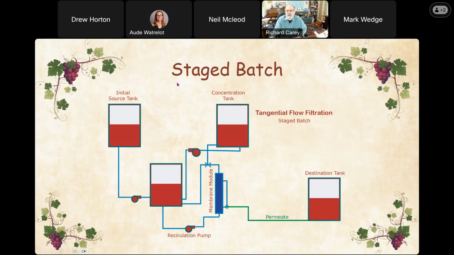For a staged batch, it's the same kind of arrangement here, but what you don't necessarily have to have is a backflush system.